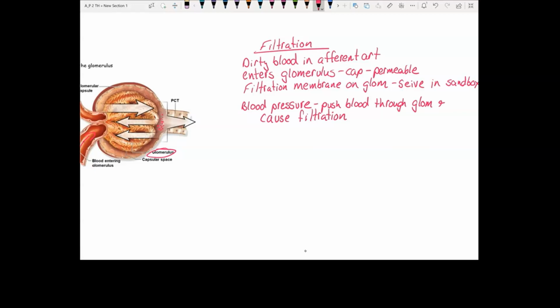Remember in chapter 20 when we were talking about MAP, the mean arterial pressure, and on your chapter 20 lab, you had a question about what would happen if MAP were too low, and the answer was that you wouldn't be able to push blood through your kidneys, and your blood would become toxic because you couldn't filter the waste out of it. So here's where that blood pressure is important.